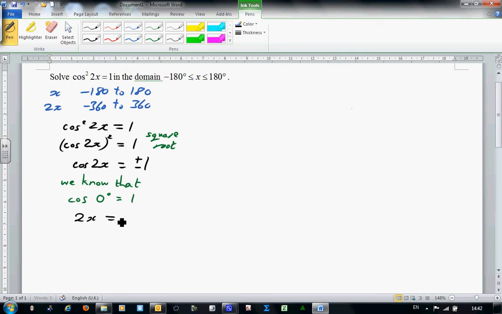But thinking about our graph or our unit circle, we've got other values as well. Let's have a look. We've got that the domain is from negative 360 to 360, and it's a cosine. It helps if you draw the right one, like that.